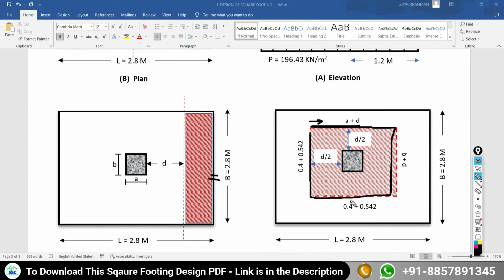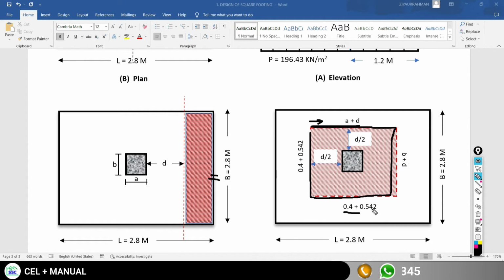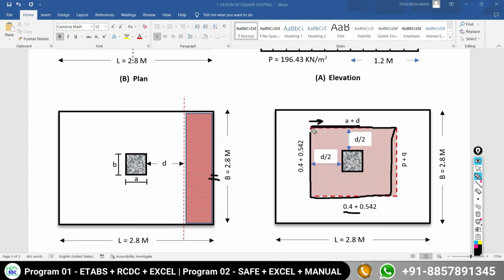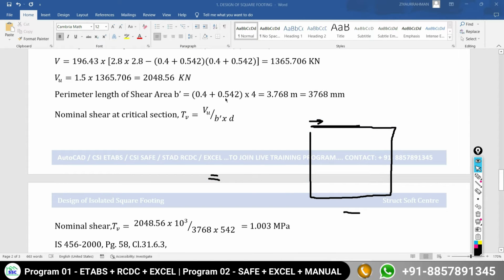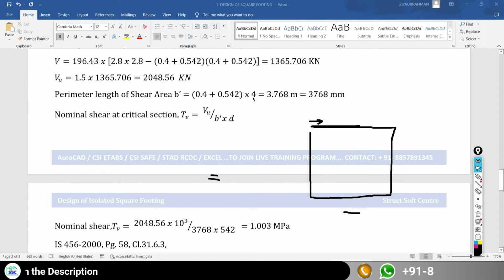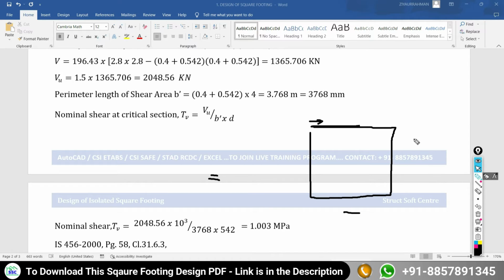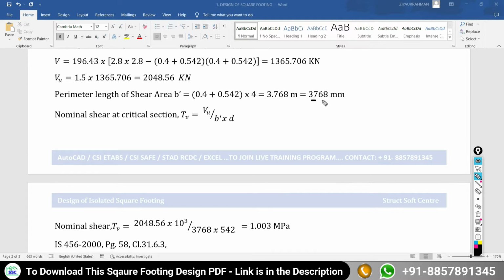Here it is very simple, because all the sides have the same dimension, 0.4 plus 0.542, so you just multiply one side by 4, because 4 edges are there. With this we get the value as 3768 mm.